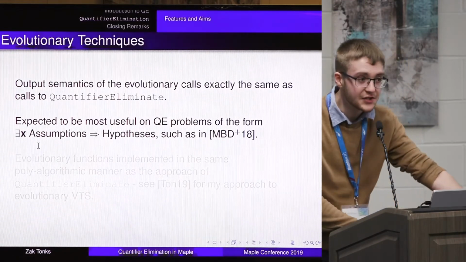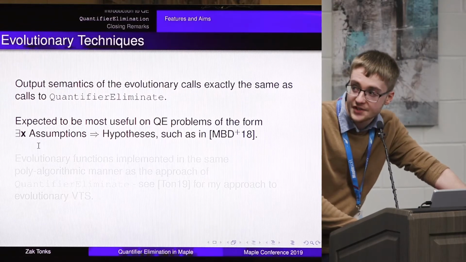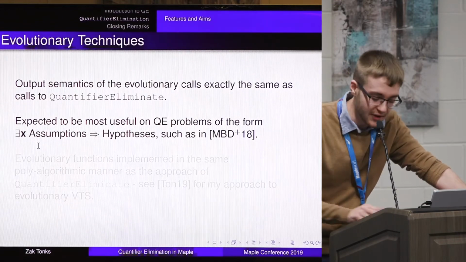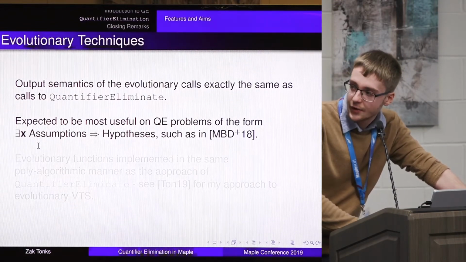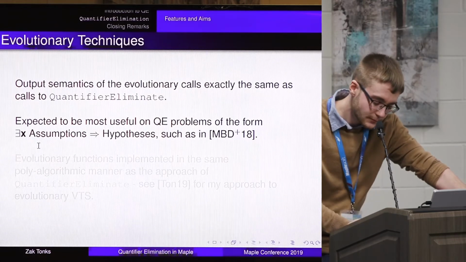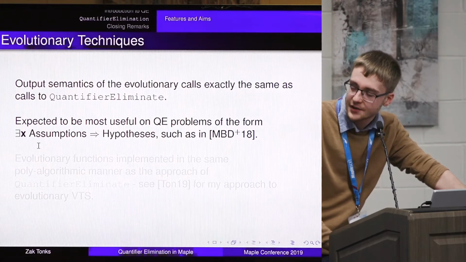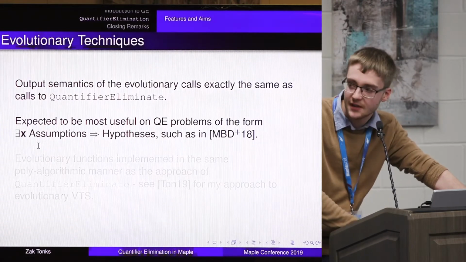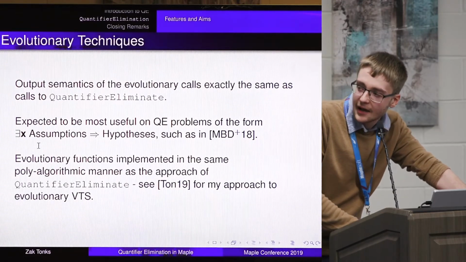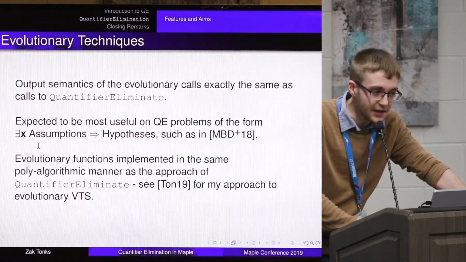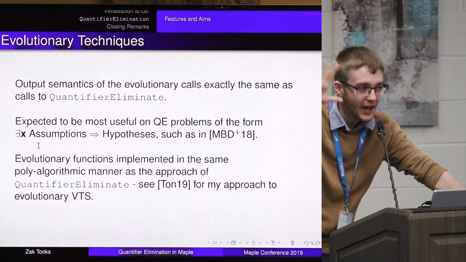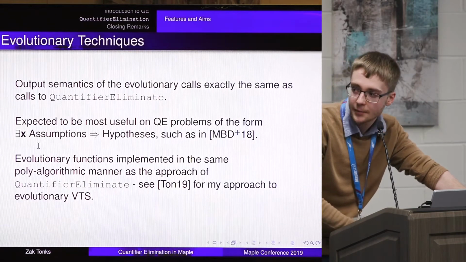So you basically insert the formula corresponding to your hypotheses, making sure that it fits that implies. So this formulation came up in economics especially, which is where I got this idea from. And these evolutionary functions completely follow this poly-algorithmic approach which I've previously described.